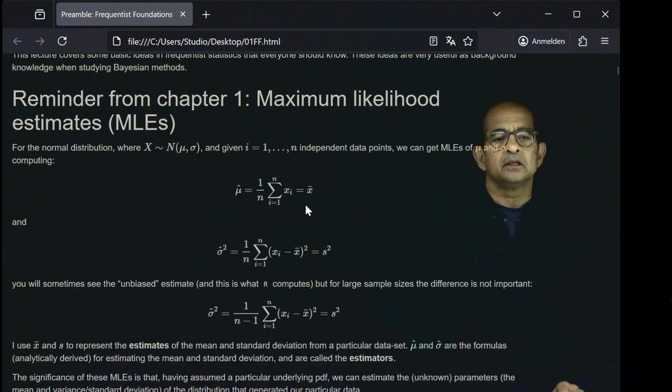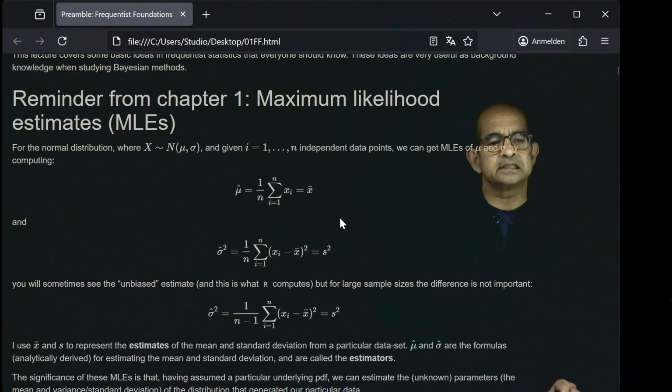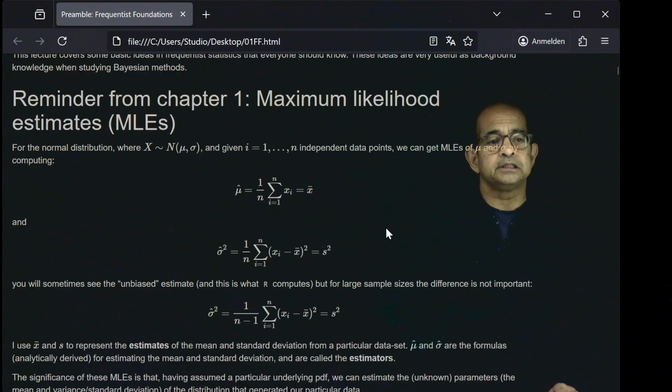So we estimate these through the sample mean, which I'm going to refer to as x bar, and the sample variance, which I'll refer to as s squared. The square root of this would be s, and that's the standard deviation from the data, right? So the sample mean and the standard deviation are two important estimates that we get from a data set, and we use these estimates for further statistical inference.